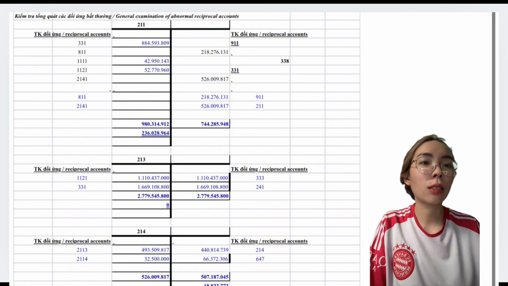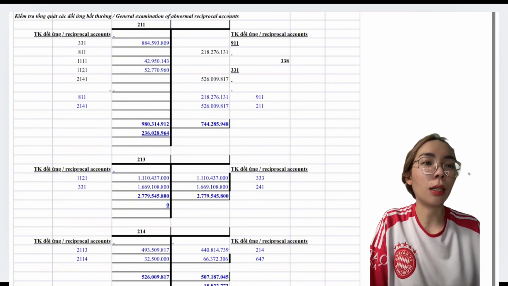That is 2,779,545,800 Vietnam dong on both sides. No abnormal difference or imbalance was detected. So this section appears accurate and reasonable.